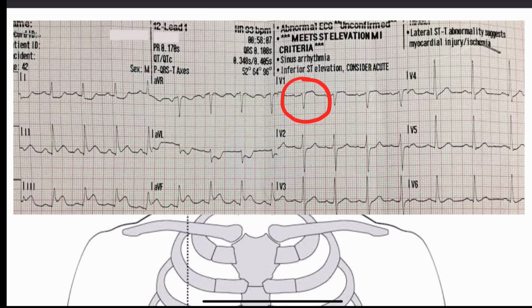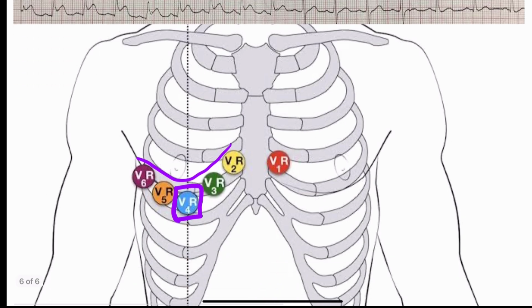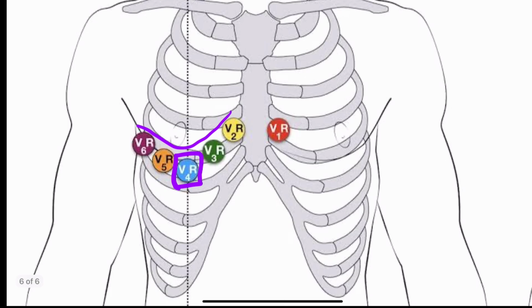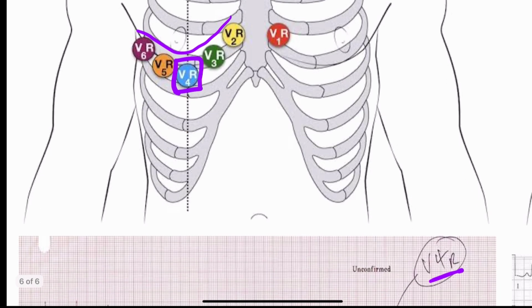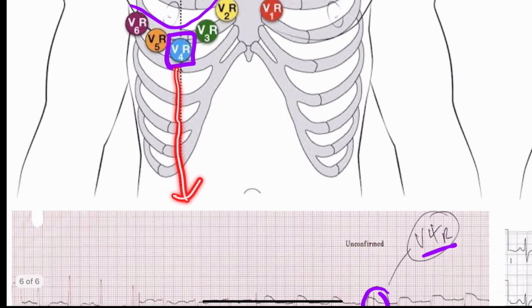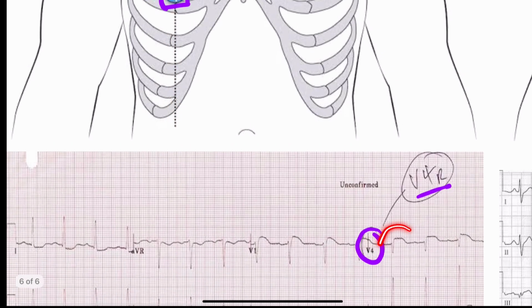Then you have to take a right-sided ECG. You just reverse the chest leads from the left side to the right side in this way. And if you find there is ST elevation in this right-sided ECG in lead V4R, like this, then we will confirm that this patient has right ventricular infarction.